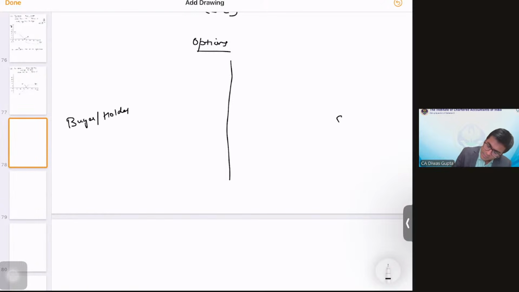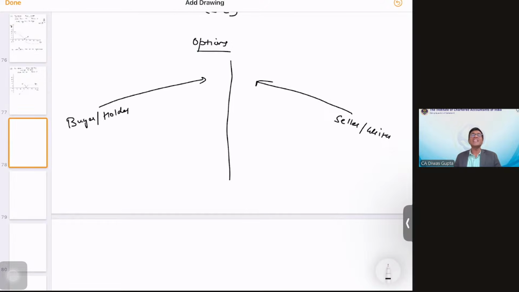There is a seller or writer of the option. So the buyer will place the request to buy the right. The seller will place the request to sell the right. Now the right can be a right to buy or a right to sell. That's a separate story, right? Now on the stock exchange, come on students, tell me what would be dealt with here?